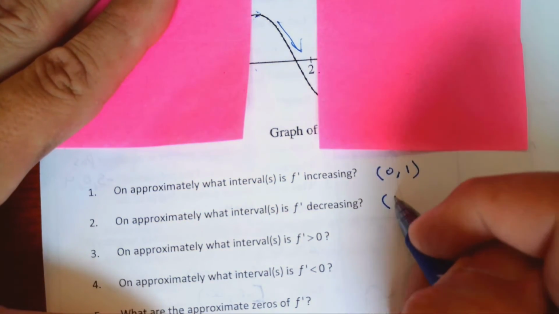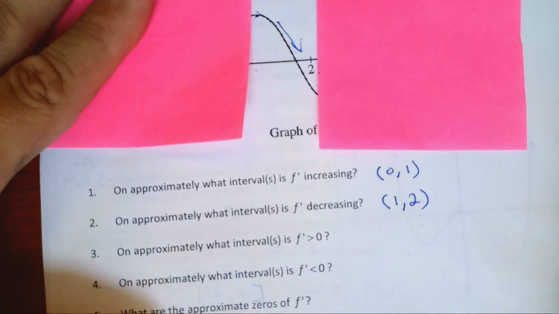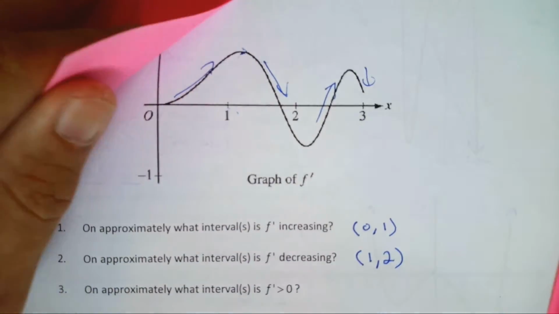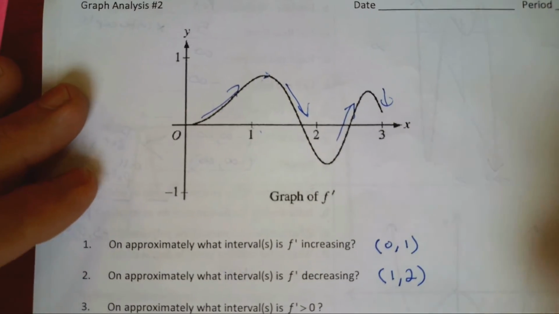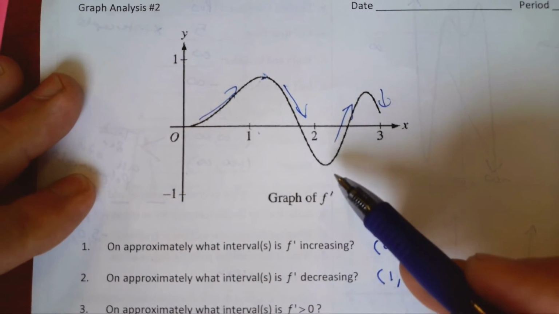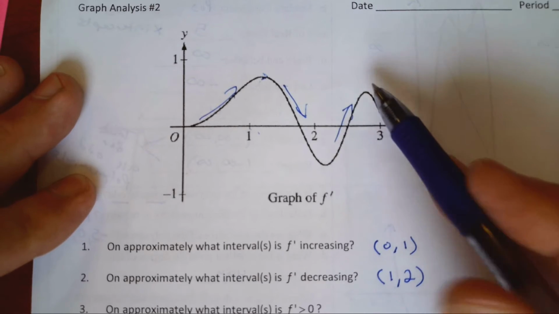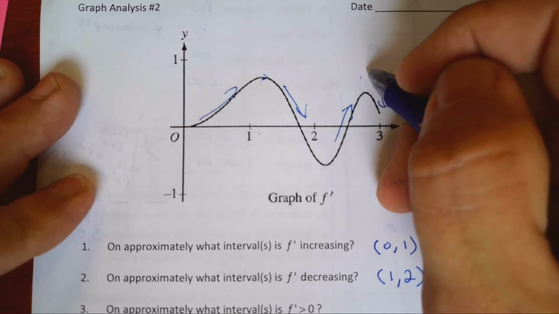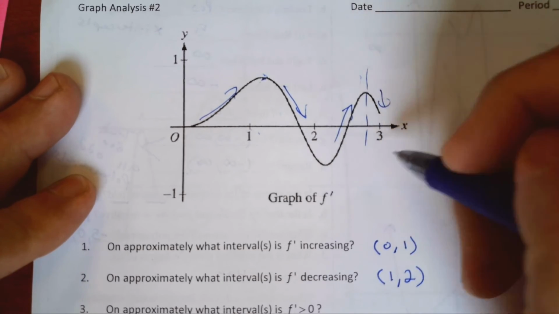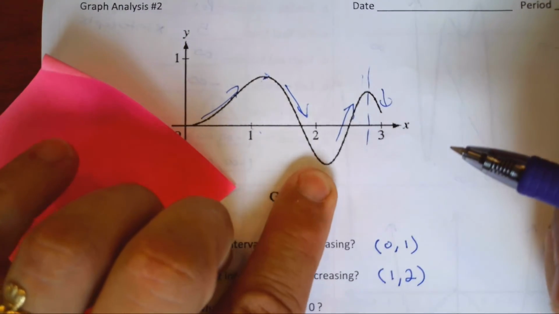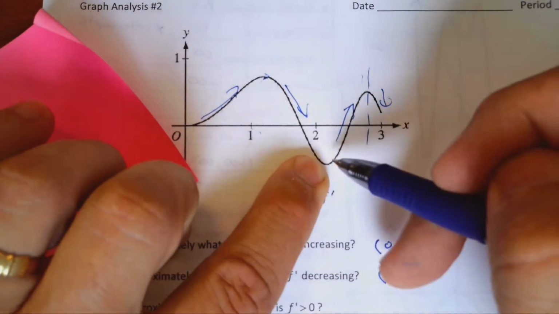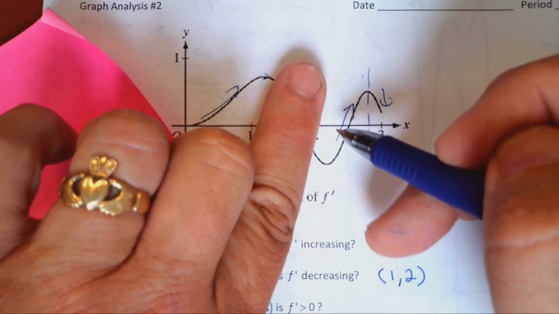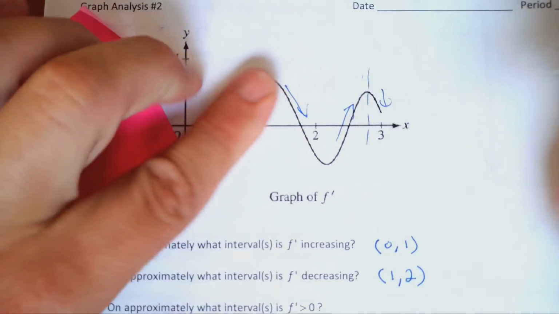So that would be a decreasing interval, 1 to 2. And then if we look here on the paper, I guess we'll call this 2.75. I need to make a better graph on this. So from 2, really about 2.1, I guess, to 2.75, it's increasing again.